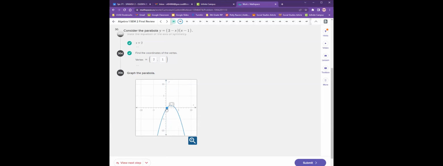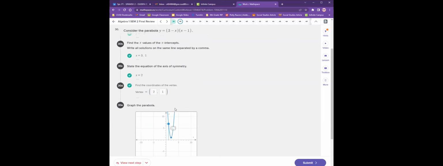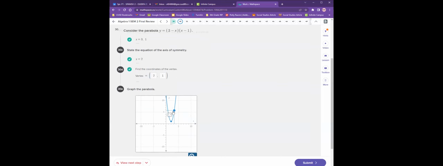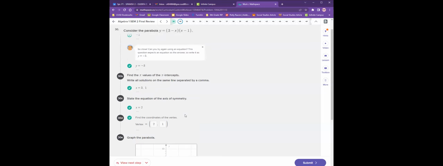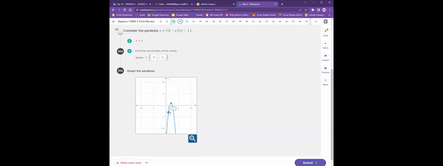Okay. I just moved that one out of the way. The x-intercepts are 3 and 1, so it has to go through those. And the y-intercept is negative 3. There we go.